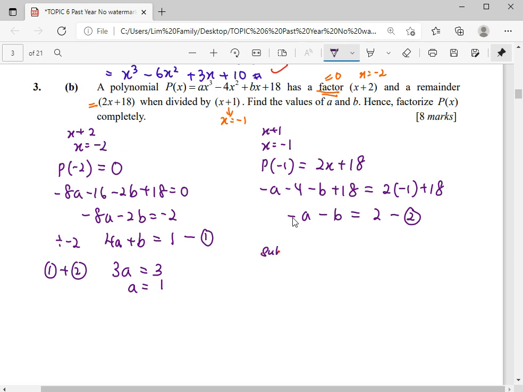Then we substitute this a equals 1 into either equation. I pick equation 2, easier, I see. So b is equal to negative 3. Okay, so that will be our task. Find the value of a and b. So a is 1, b is negative 3.